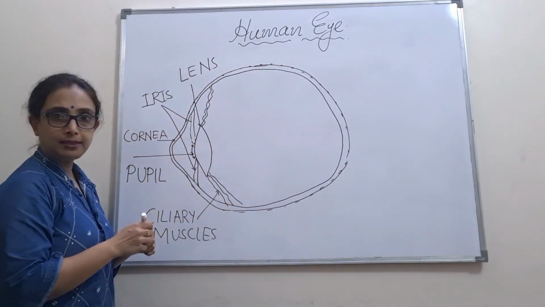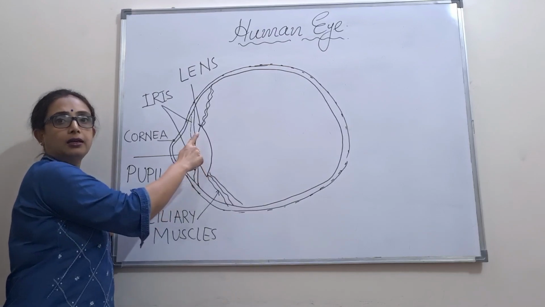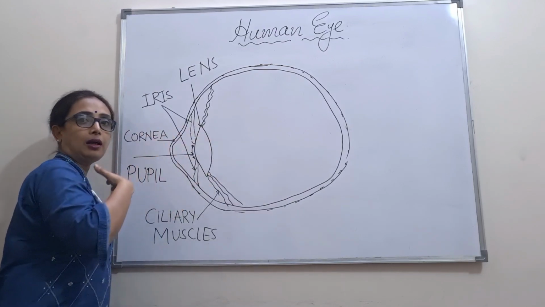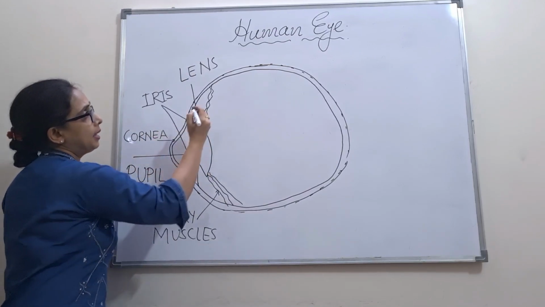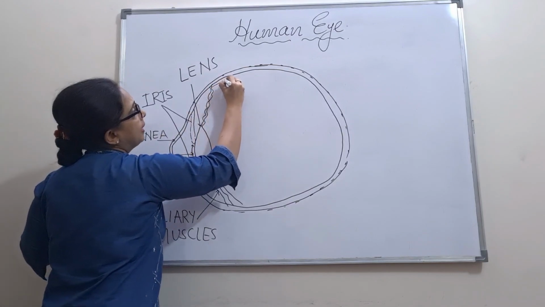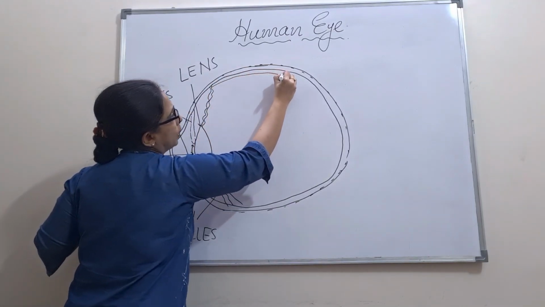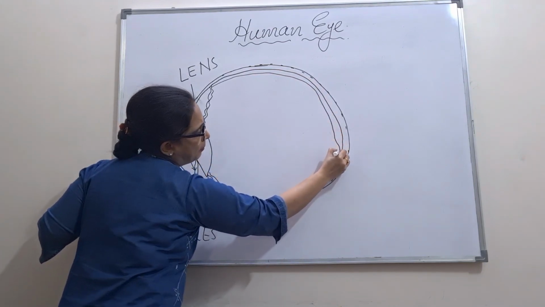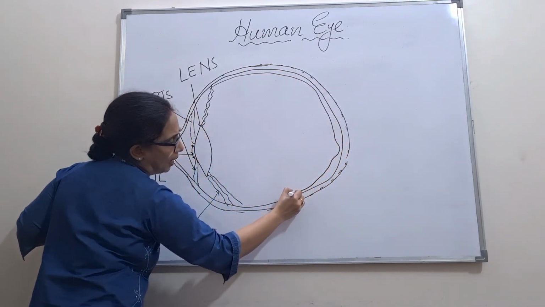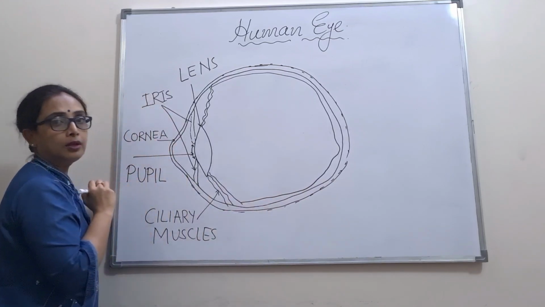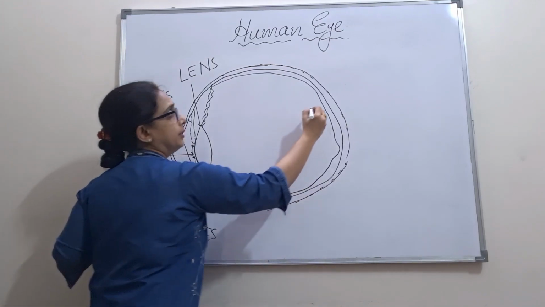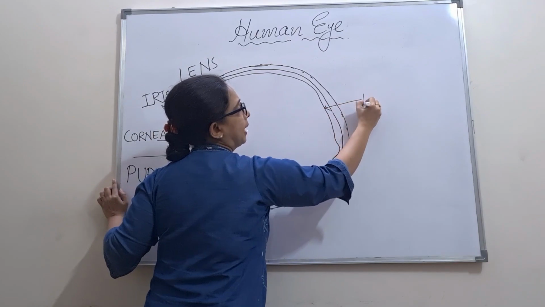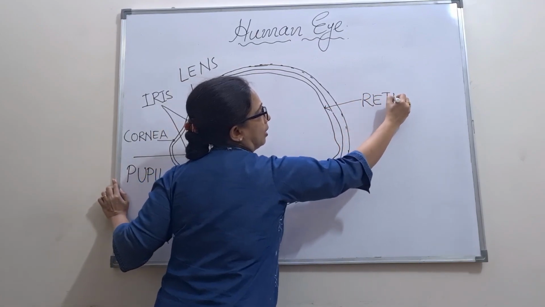So this lens is an organic lens made in our own body. From here there is an extended lining, again a lining you can draw from here through the ciliary muscles, giving a little bit of notch here, and you are joining it here. You know which line this is? This line is termed as retina.